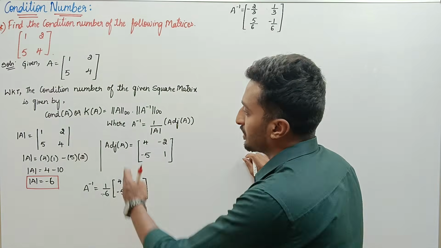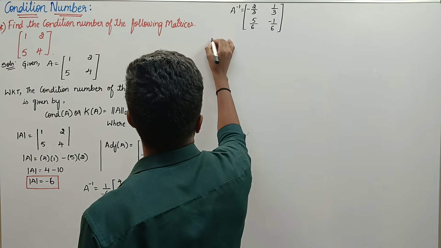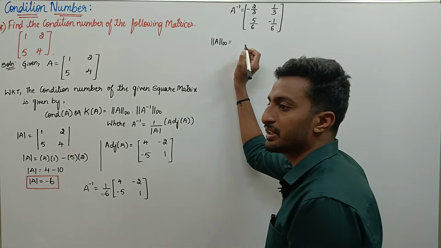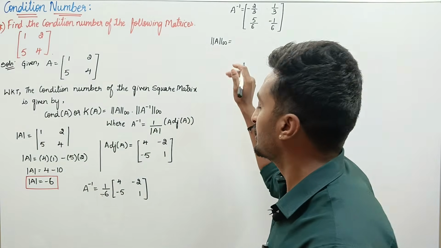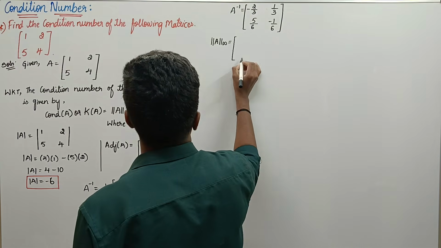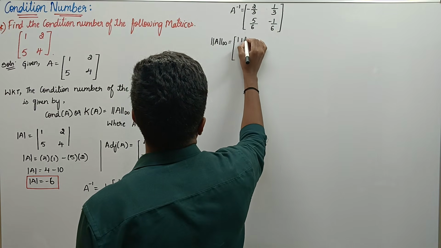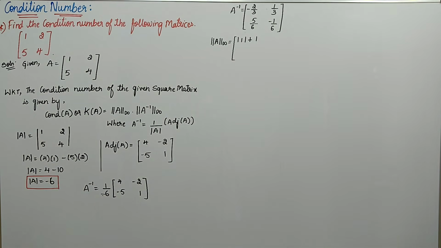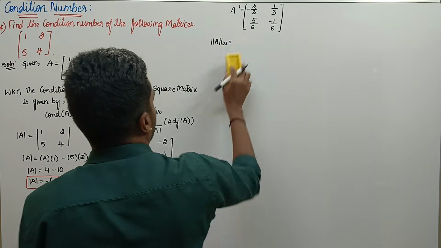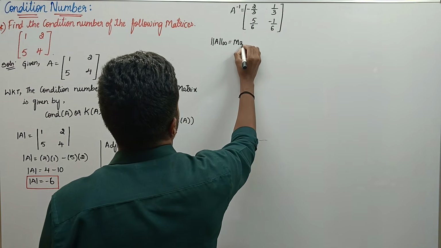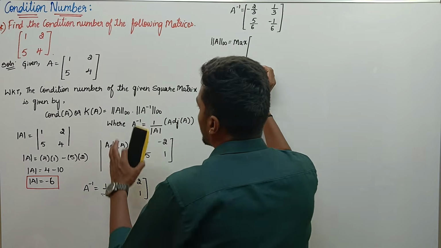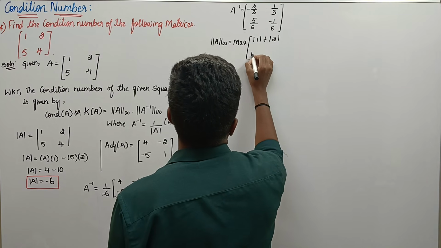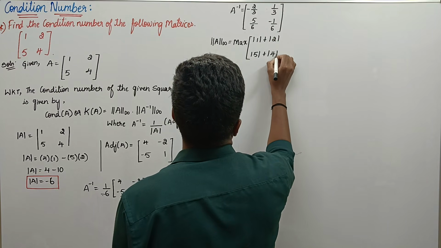Now let us find norm A infinity. What does norm A infinity represent? We add the rows, that is modulus 1 plus modulus 2, next modulus 5 plus modulus 4.